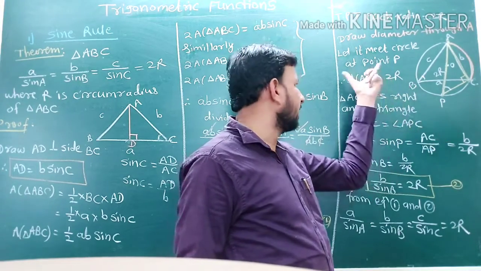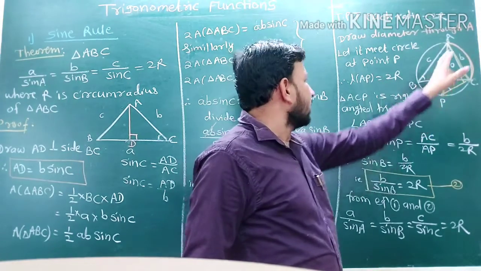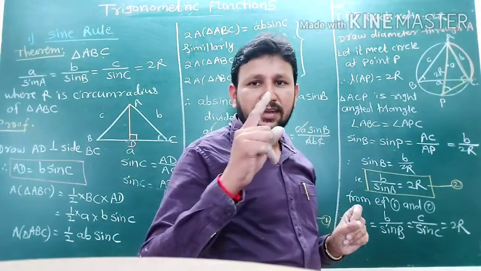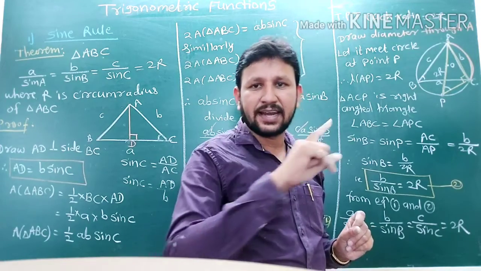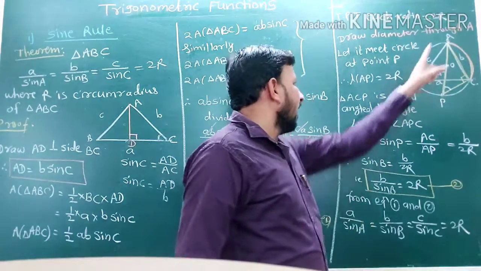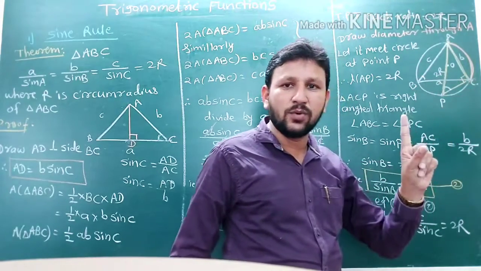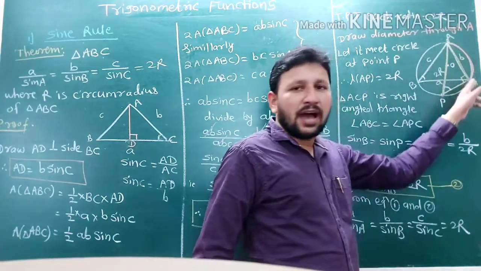Hence, length of AP equals 2 times R. And triangle ACP becomes a right angle triangle by the theorem: angle inscribed by a semicircle is a right angle. Next part, angle ABC and angle APC both are equal. These angles are inscribed by the same arc AC.